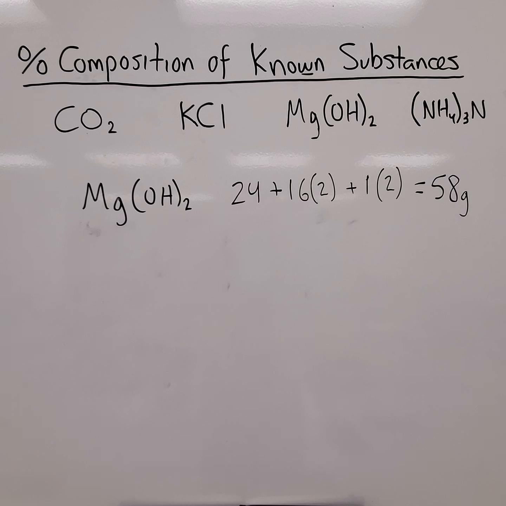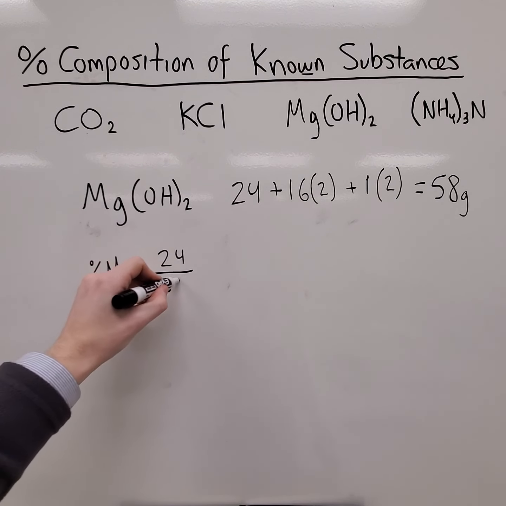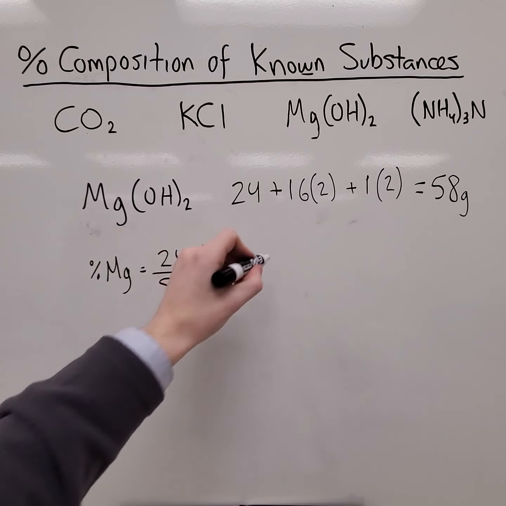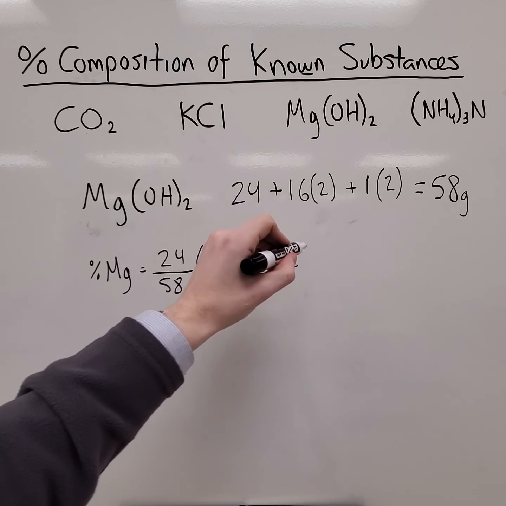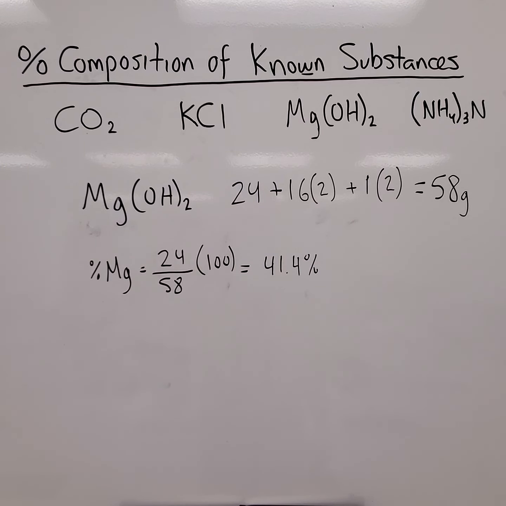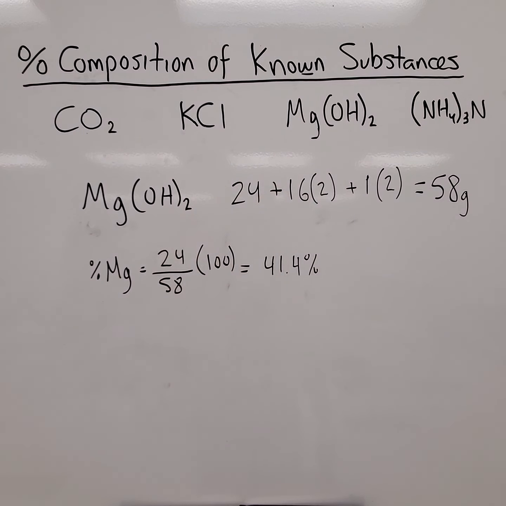And once we have the total, we're going to continue to repeat the steps that we had before. And we get 41.4%. Now, this substance has 3 elements in it, so we do have to figure out at least one more before we can add up to 100.